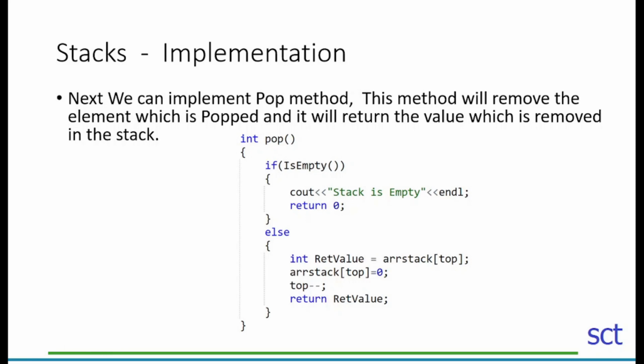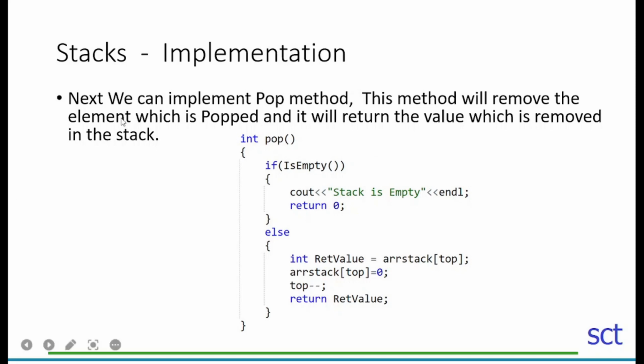It takes the value out and gives that value to you, and it also makes that particular element 0 here. That is the reason I have put integer here for the pop function. This does not take any value. So if the stack is empty, you will return 0, because there are no elements in the stack. That is why you put 0 here.